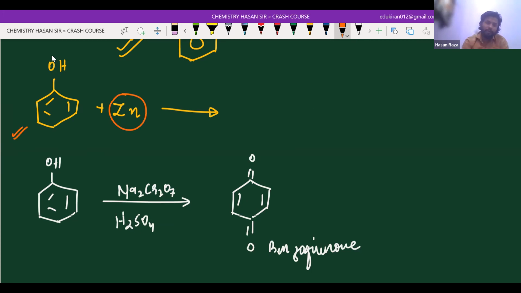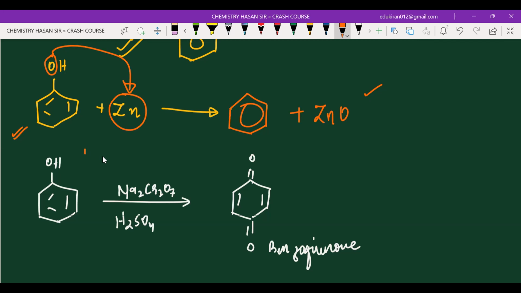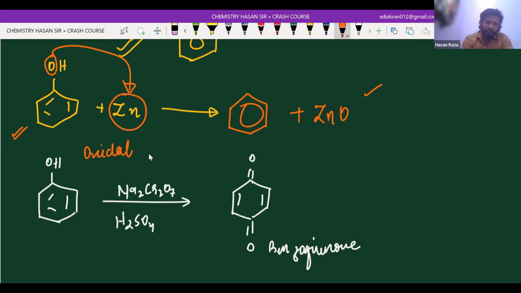Zinc will take the oxygen with itself, and this phenol will be directly converted into benzene, and this will be your ZnO. This reaction is okay. This reaction is oxidation of phenol. So I think it's clear to all of you. Please do write it.